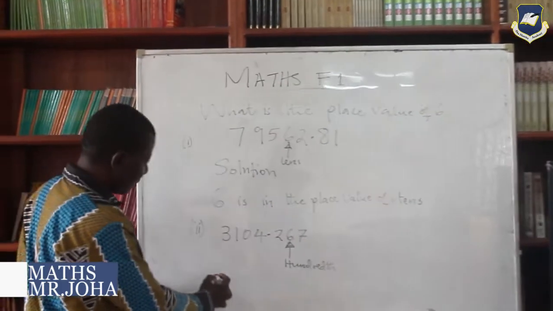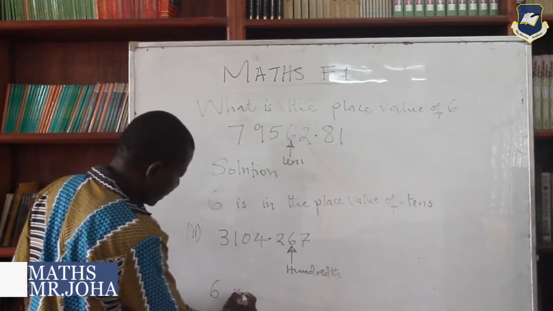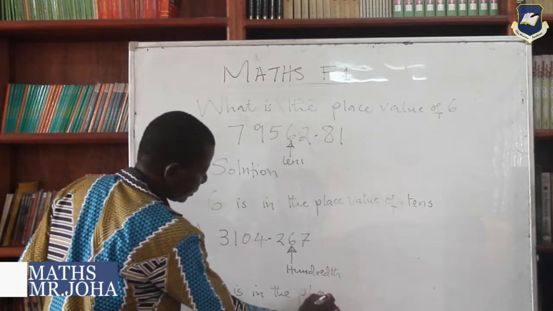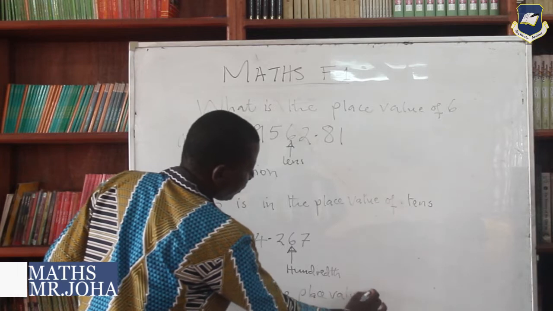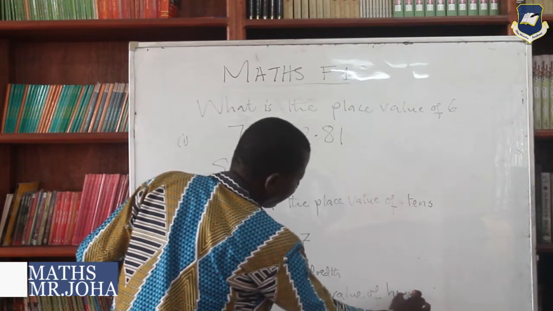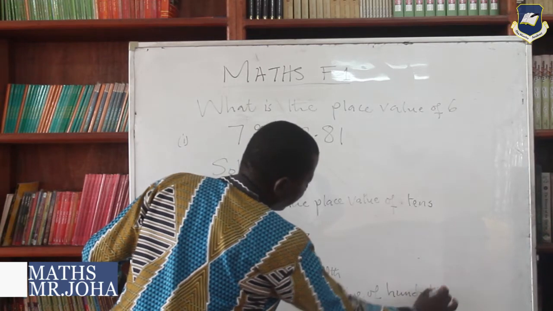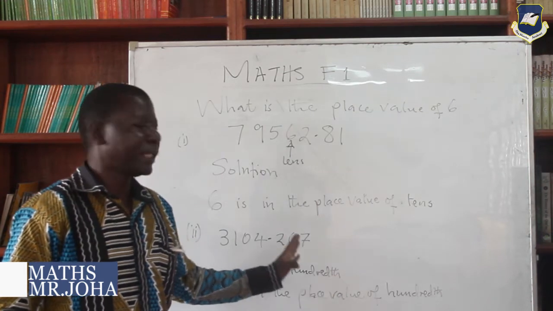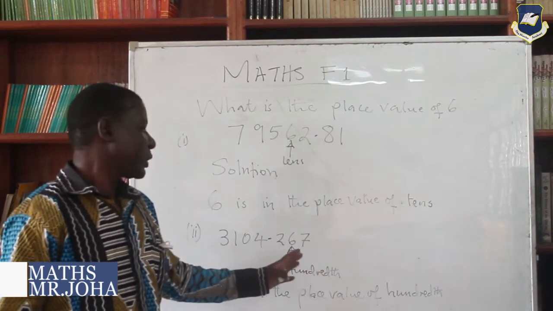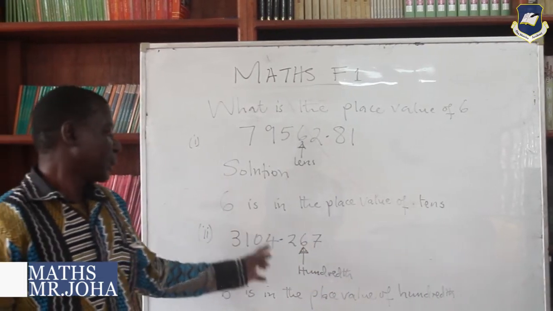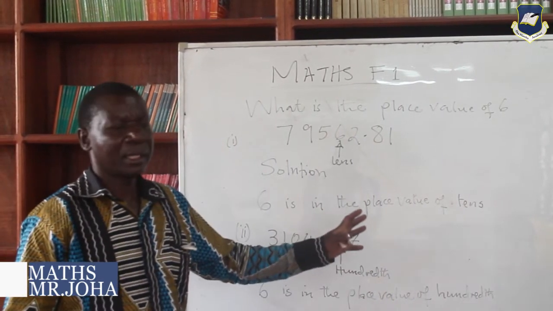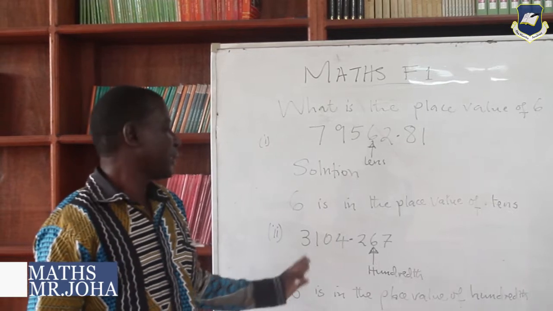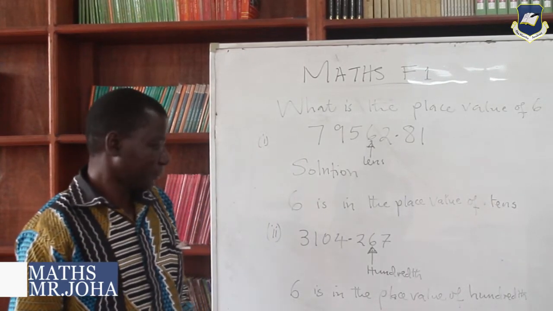So the place value of 6 is in the place value of 100. We add th because this is on the decimal side, the digits which make a number less than 1. So we add th to indicate that it is on the side of the decimal section.